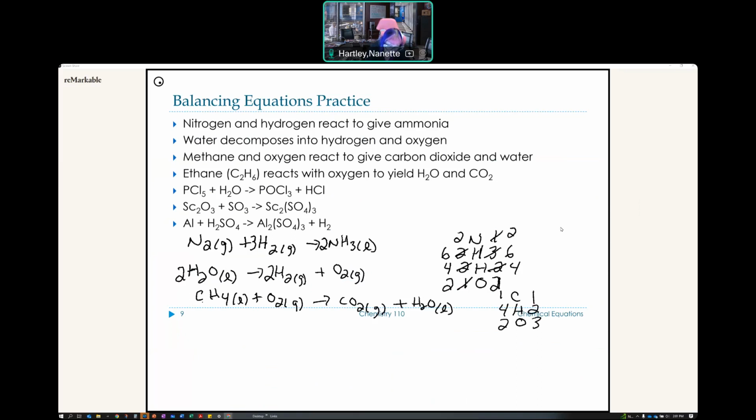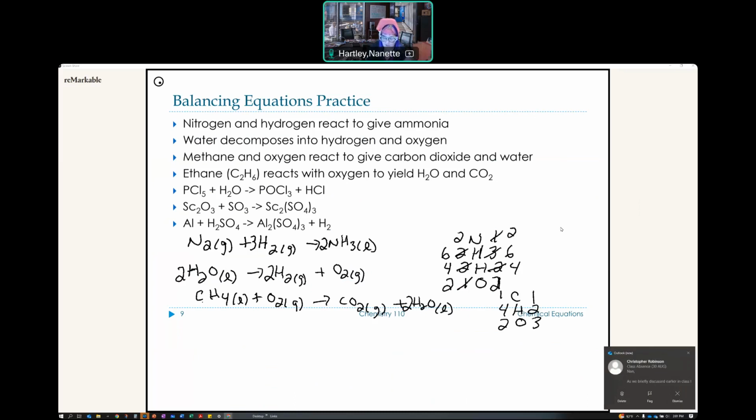So I know I have the same number of carbons on both sides, so I'm going to try not to affect my carbon. But I need to deal with my hydrogen, and I have 4 over here and only 2 over here, so I'm going to multiply that by 2. The other reasoning is that I would like an even number of oxygens because I have an O2 on the other side.